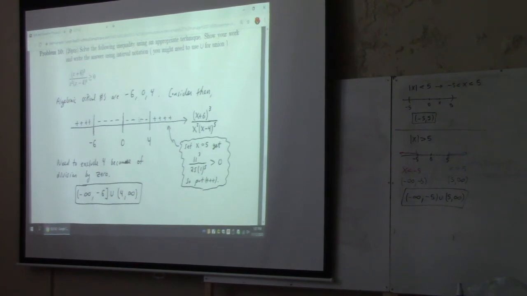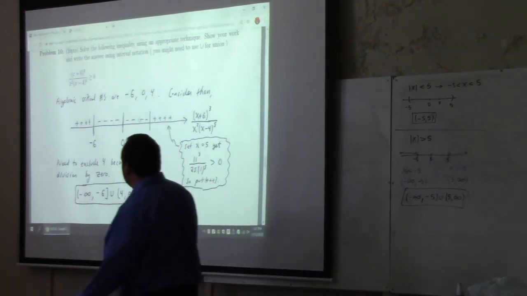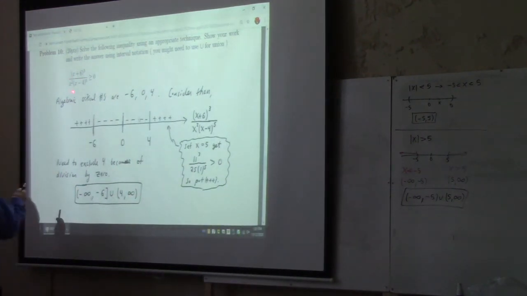Fortunately here, it was already factored: x plus 6 cubed, x squared times x minus 4 to the 5th. Minus 6 makes 0 up here, and 0 and 4 make this down here division by 0. So our critical numbers, algebraically speaking, are minus 6, 0, and 4. Then I just plug in some test points, and I get pluses here, minuses here, pluses here. From that, I can solve the inequality.